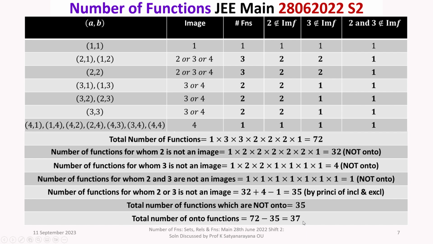That means the total number of functions f from S cross S to S which are onto, satisfying the condition f of (a, b) equals f of (b, a) greater than or equal to a for all (a, b) belonging to S cross S, is 37.